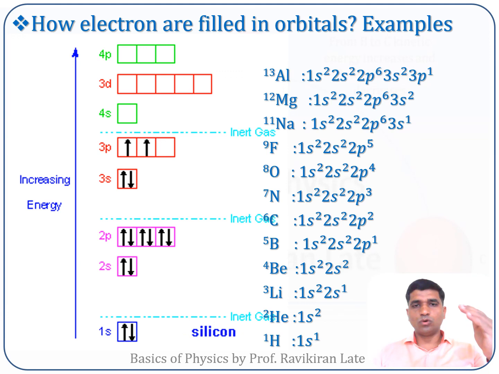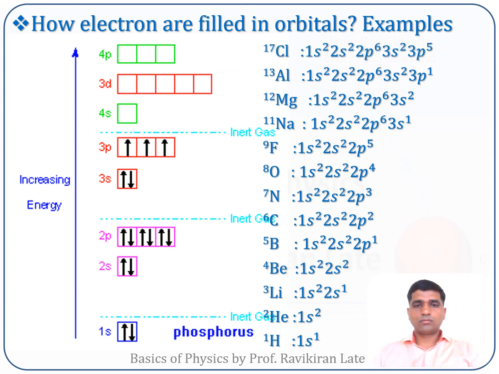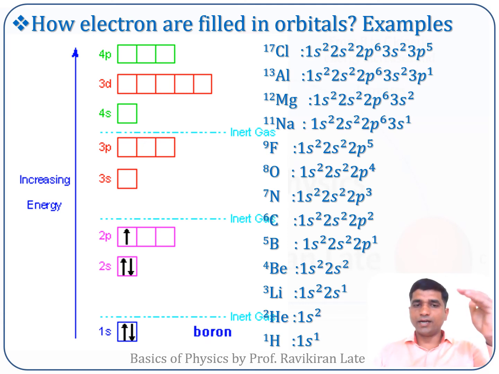In this way you can go up to chlorine, argon, potassium, calcium. You have to work out how the electrons actually go into the higher energy orbitals. The order is first 1s, then 2s, then 2p, then 3s, 3p, 4s, 3d and 4p.